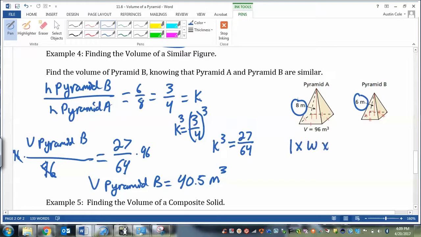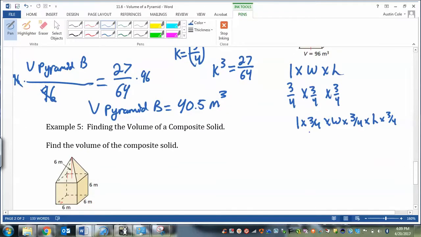You're taking length times width times height to get volume, basically. If you multiply this one by 3/4, you have to multiply this one by 3/4, and you have to multiply this one by 3/4. So then you're going to have length times 3/4 times width times 3/4, and then times height times 3/4.